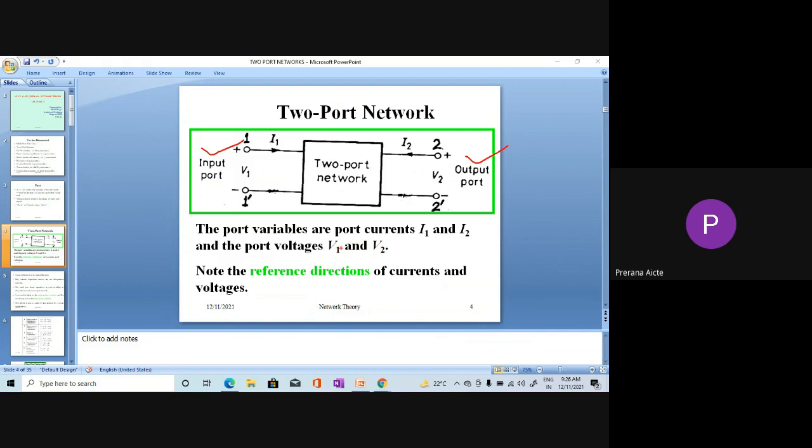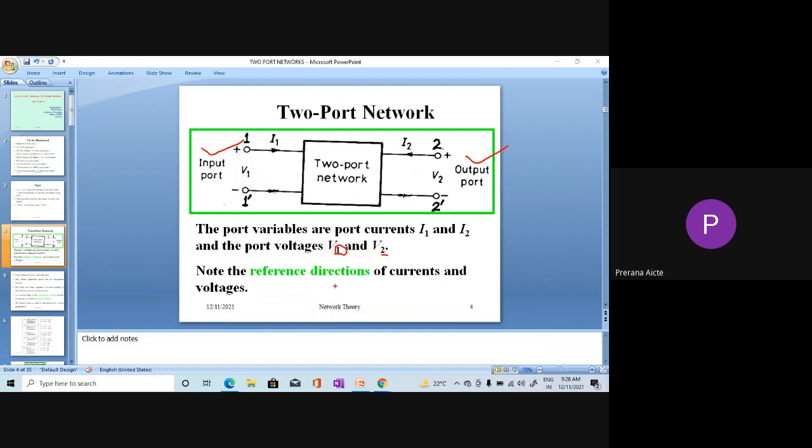And obviously, our output port also has some voltage and current, named V2 and I2. 2 stands for the output port, 1 stands for the input port. It is for significance purposes. So V1 and I1 are the variables at port 1, and V2, I2 are the variables at port 2.